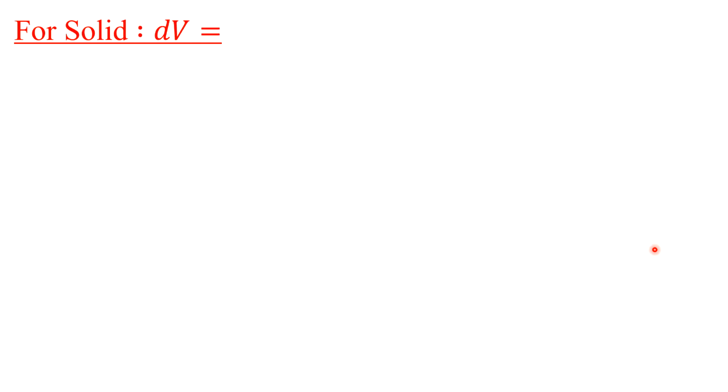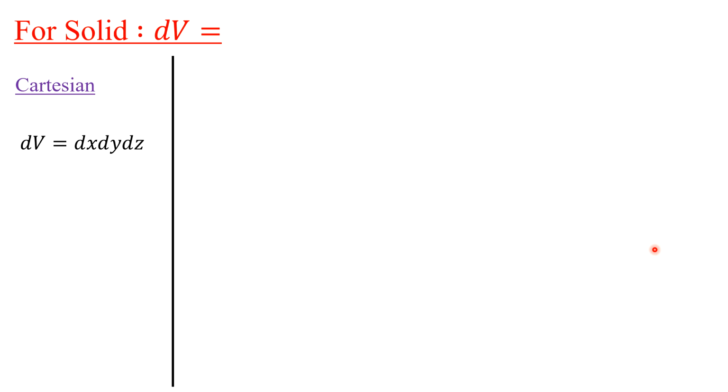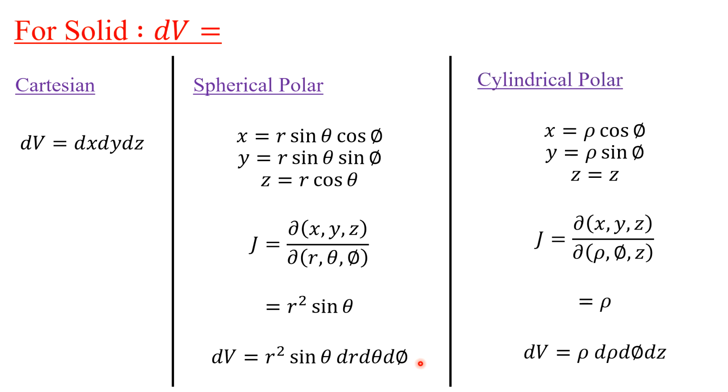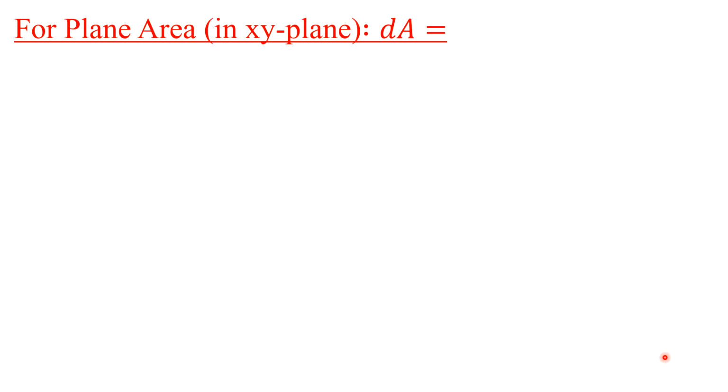Now we'll see how to find dV for a solid, that is the volume element. For the Cartesian coordinate system, dV is dx dy dz. For spherical polar coordinates, dV is r square sine theta dr d theta d phi. And for cylindrical polar coordinates, dV is rho d rho d phi dz.